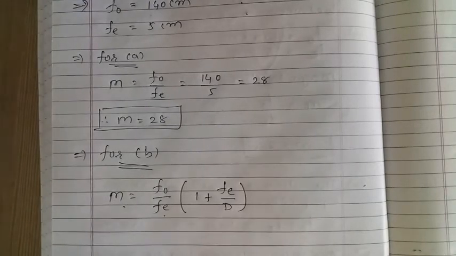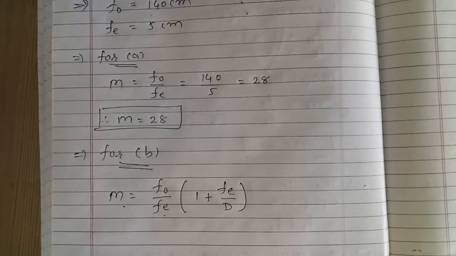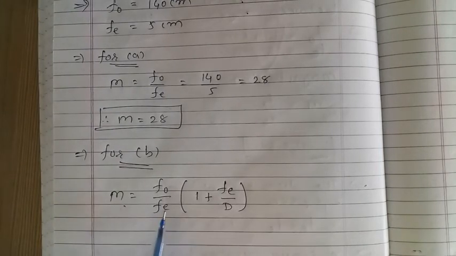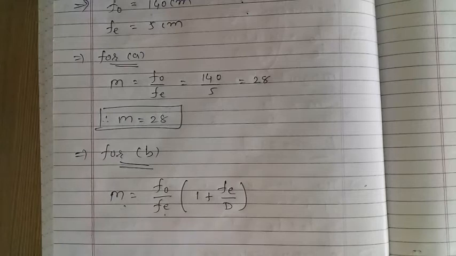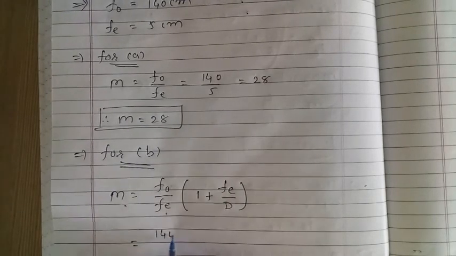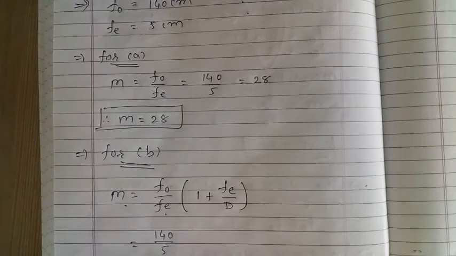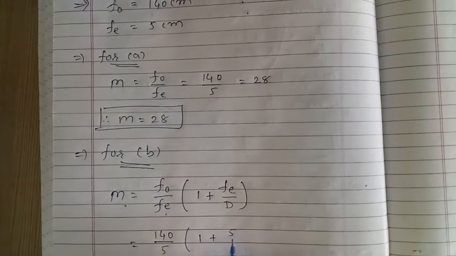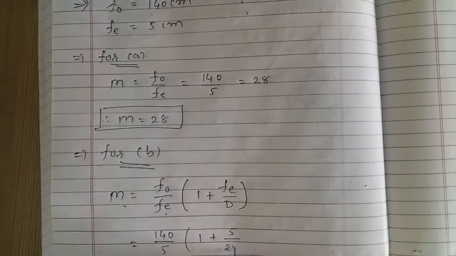Friends, you have to remember this equation of magnification, right? Once again I repeat, if the final image is formed at the least distance of distinct vision 25 centimeter, then the formula of magnification for telescope m is equals to FO by FE into 1 plus FE by D. So we know FO 140, FE 5, and value of D 25.